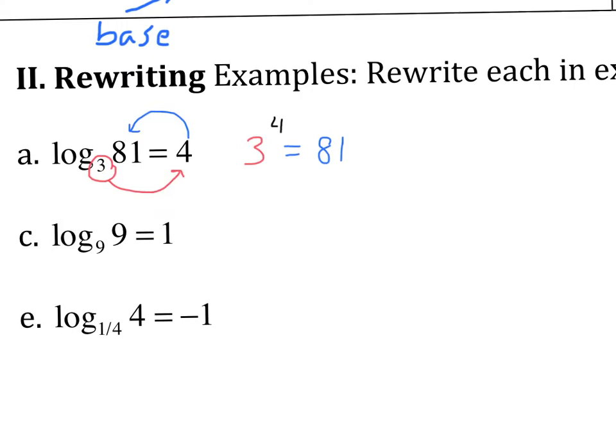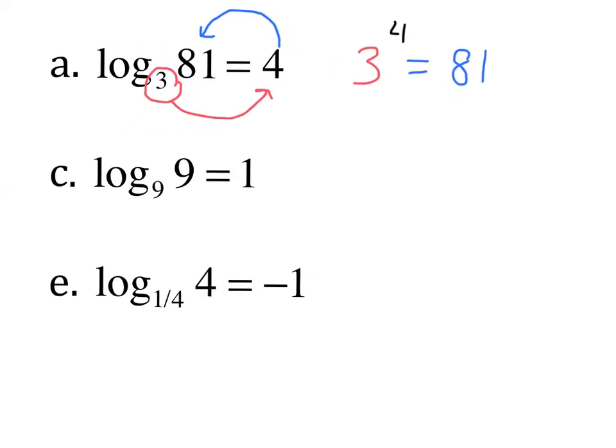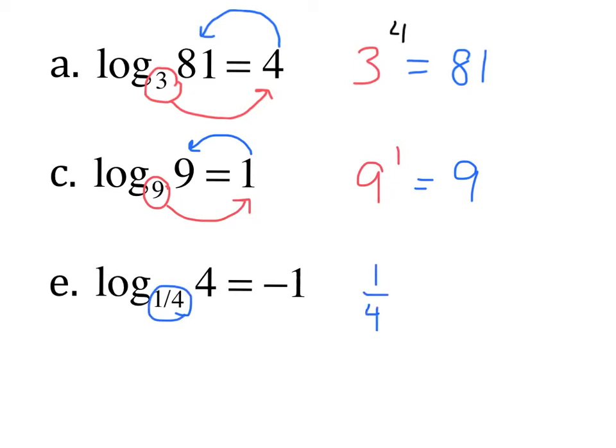So being able to rewrite in both directions, I'll skip down to C here. So this one here, 9 to the 1 power is equal to 9. Or this one here, 1/4 to the negative 1 power.